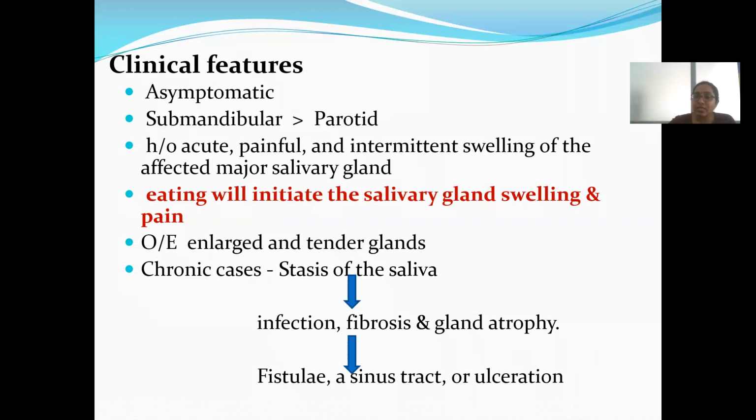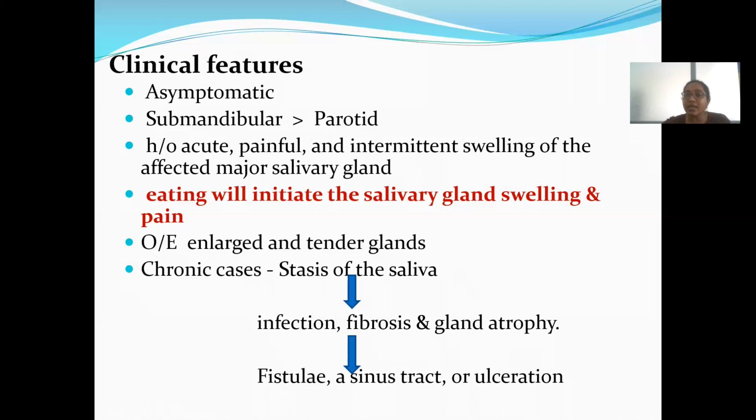When does the gland go for atrophy? When the saliva secretion is not getting used and goes back into the salivary gland itself, the gland is not functional, and it can go for atrophy. Finally, when the infection and fibrosis continue, there can be formation of a fistula, sinus tract, or an ulceration.